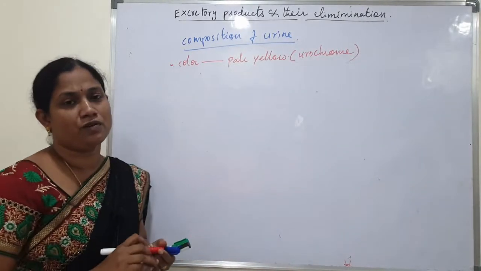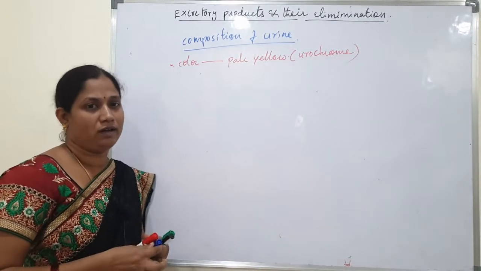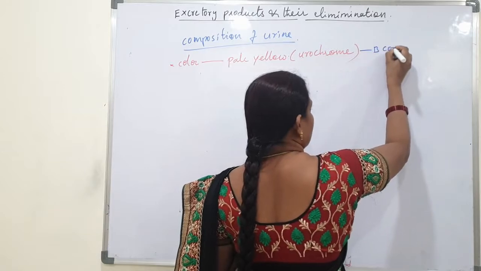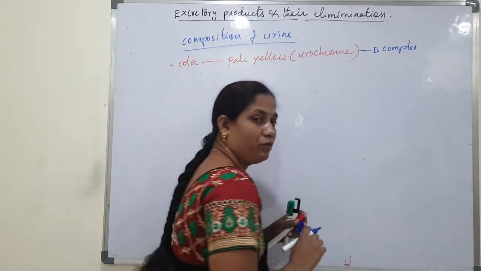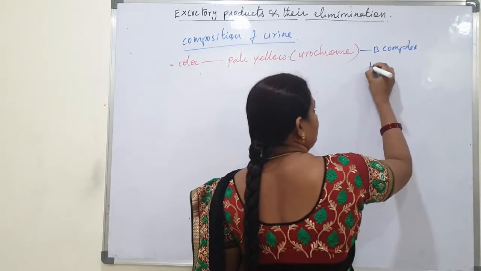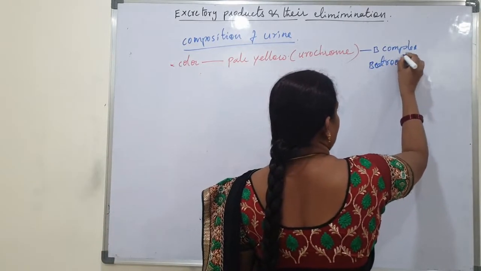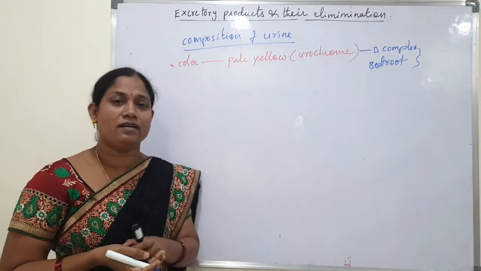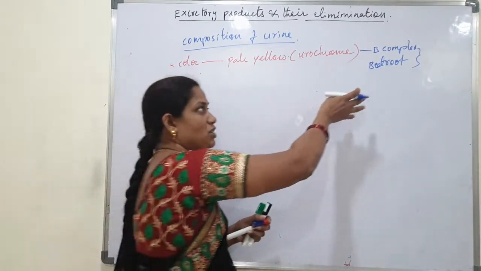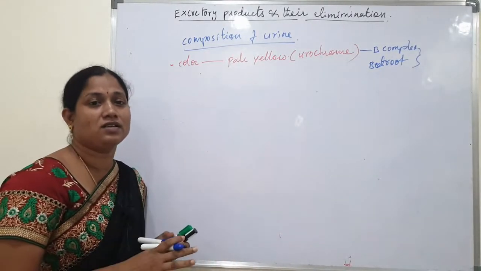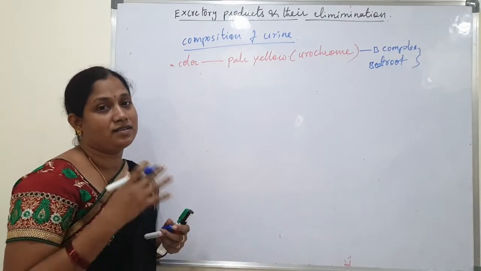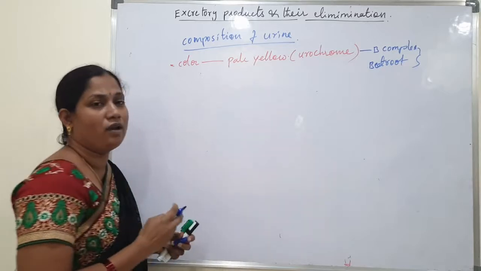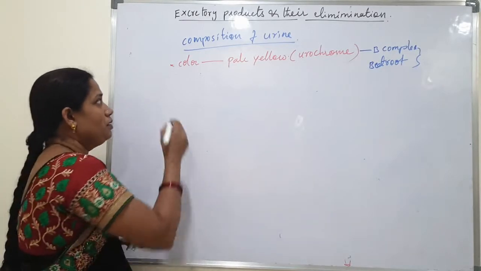But in some conditions, for example when we are taking B complex drugs or tablets, or eating beetroot, the urine color can change. So certain drugs like B complex and certain foods like beetroot can change the urine color. Normally it is pale yellow due to the presence of urochrome pigment.